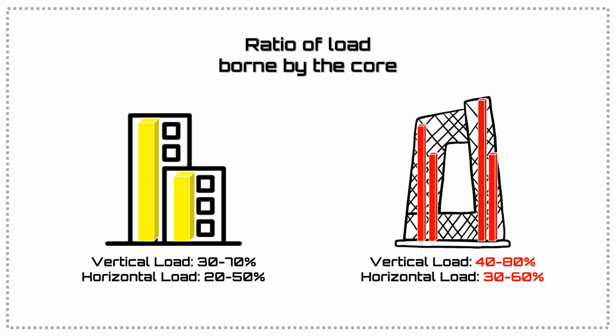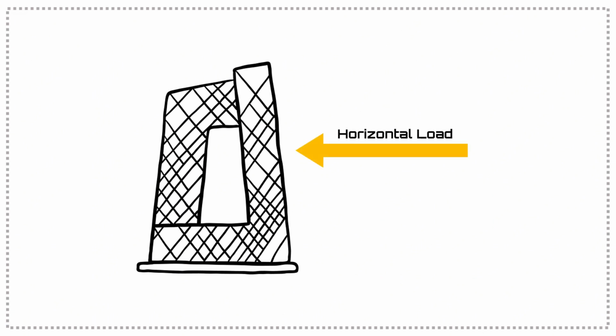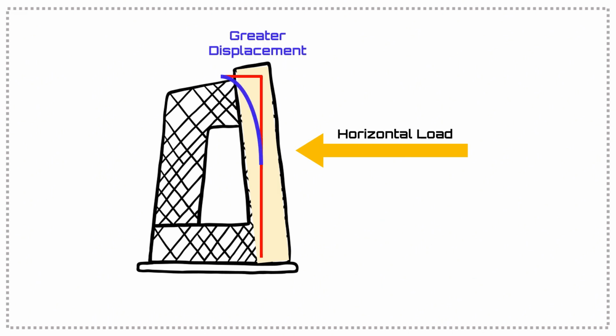It can be seen that this increased load is because the tilted building concentrates the load more to one side, which requires greater torsion and bending resistance in the core.